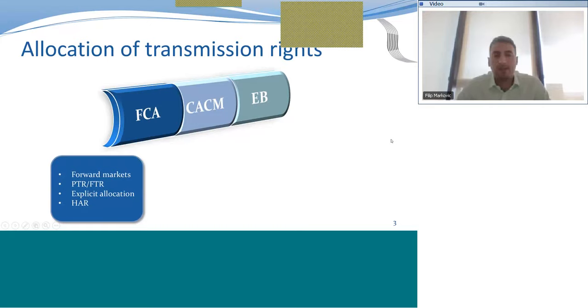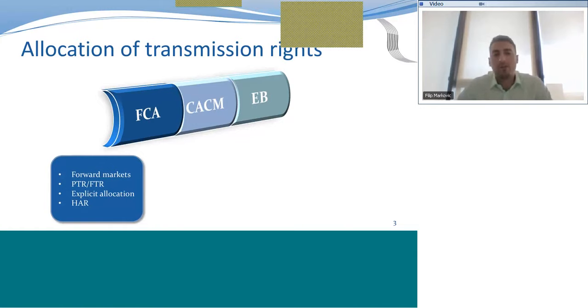FCA refers to forward markets, and prescribes allocation of physical transmission rights or financial transmission rights. Arben already mentioned that there are options and obligations, but I believe that it is clear that options in both ways are the preferable model. FCA also prescribes explicit allocation and foresees creation of harmonized allocation rules, joint rules for allocation of transmission rights.